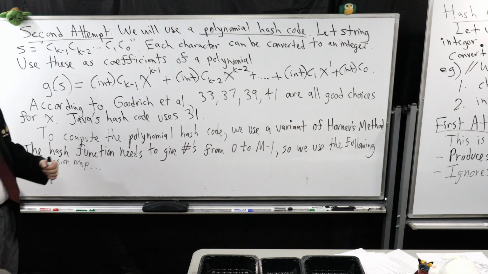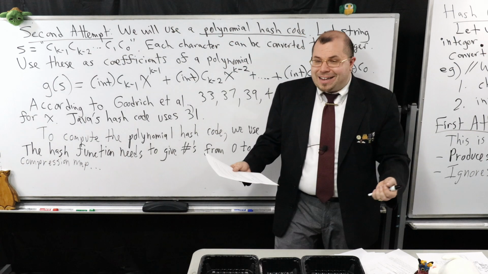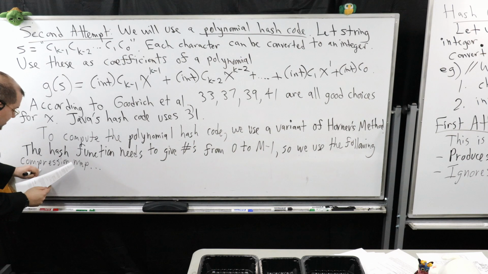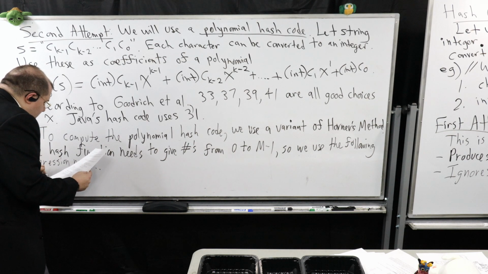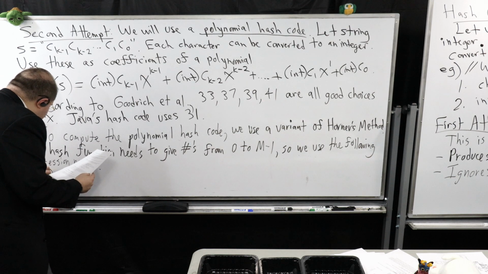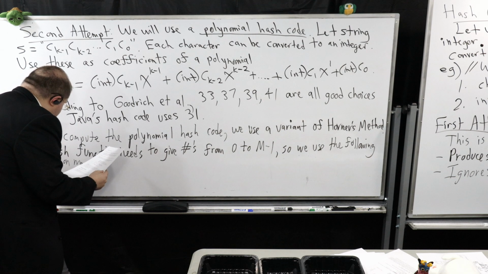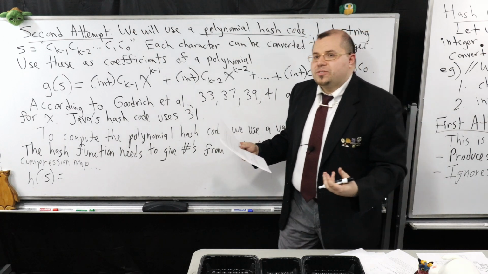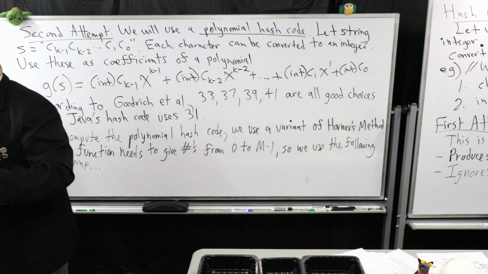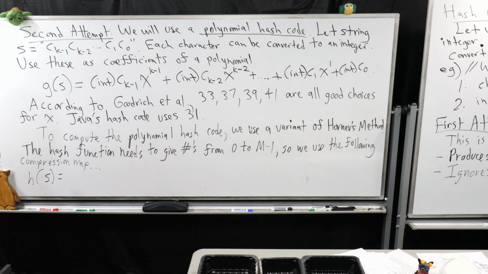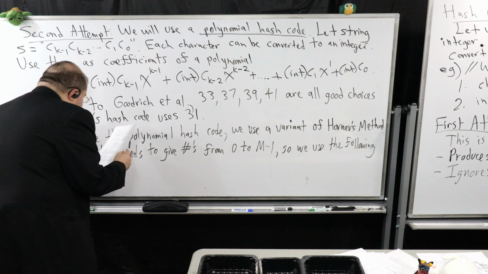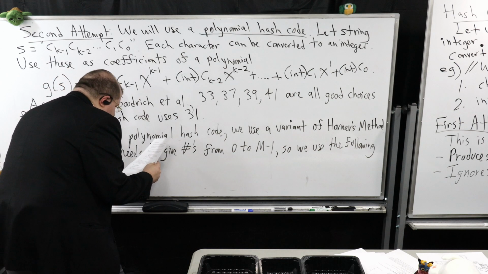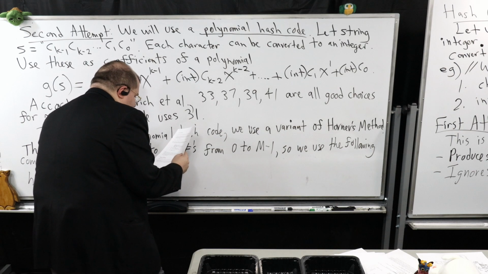I like to show it to you just because it's very nice and dramatic, and I hope I can illustrate a neat idea within Horner's method. So H, where I give you the string S, is going to be the following. I'm going to take the compression map together with the hash code, so this is me defining the hash function. I give you the string, and I'm going to group the terms a little bit differently than you might expect at first.